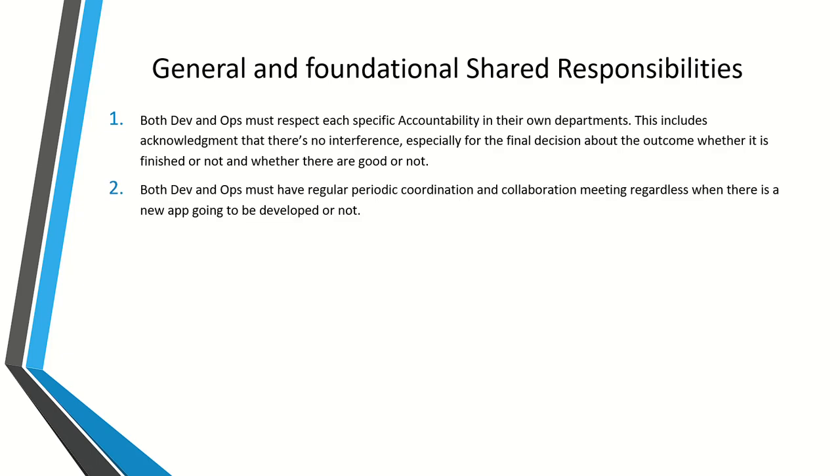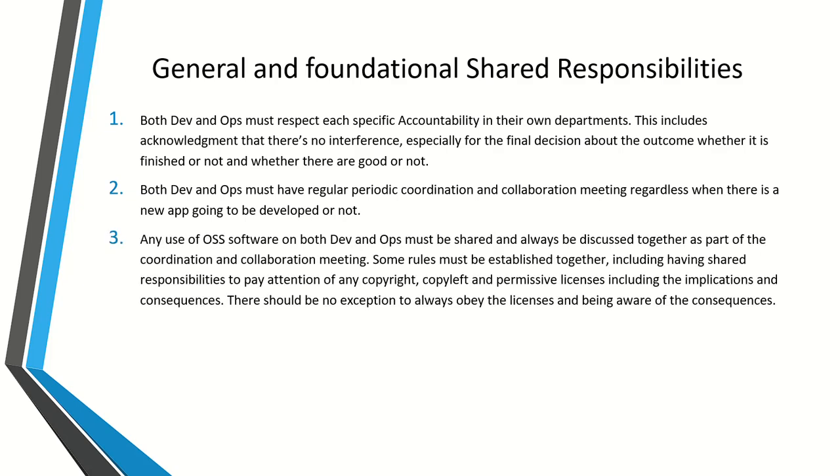Second, both dev and ops must have regular periodic coordination, of course, because that proves there is collaboration between them. We don't care whether a new app is going to be developed or not. And the next point is interesting, and I think we are going to discuss this further. Any use of OSS software on both dev and ops must be shared and always be discussed.